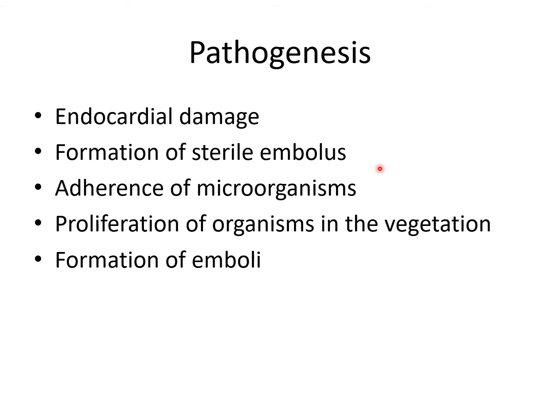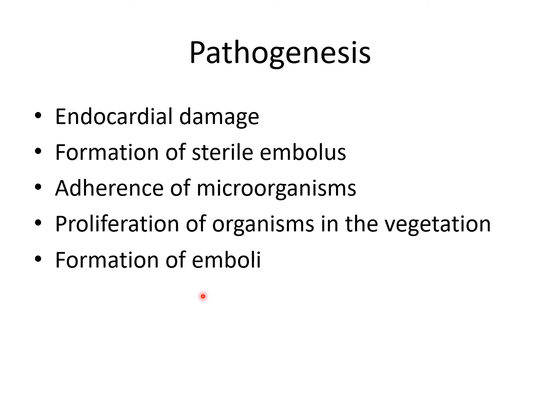So whenever there is bacteremia, pyemia, septicemia, the microorganisms which are circulating in the blood come to settle on this sterile thrombus and lead to proliferation of organisms in this vegetation, which further leads to formation of infected lesions and infected emboli. These vegetations are made up of platelets, fibrin and colonies of microorganisms.